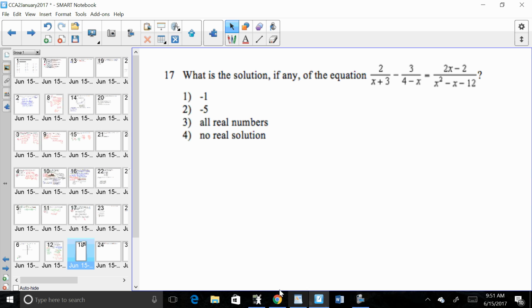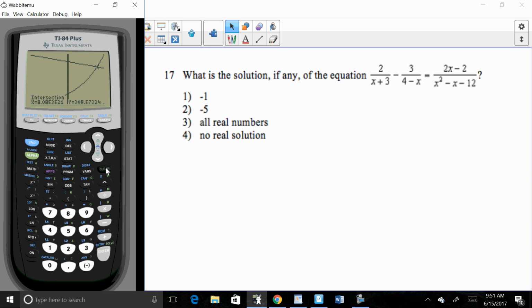All right, so let's get my calculator up. Now, there's a real easy way to use multiple choice strategy, especially when it's long and messy like this. I'm just going to store -1 for x. And then I'm going to type the equation in. Alpha y equals, enter 2 over x plus 3 minus alpha y equals, enter 3 over 4 minus x.